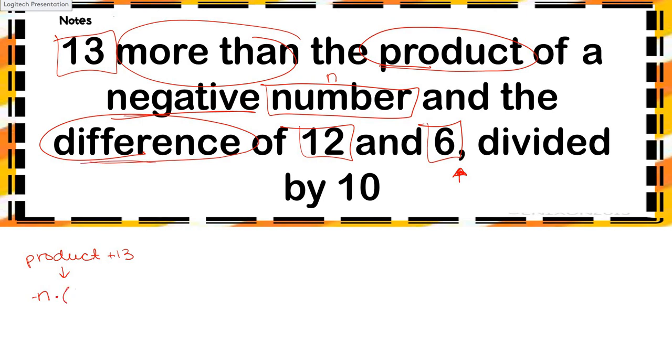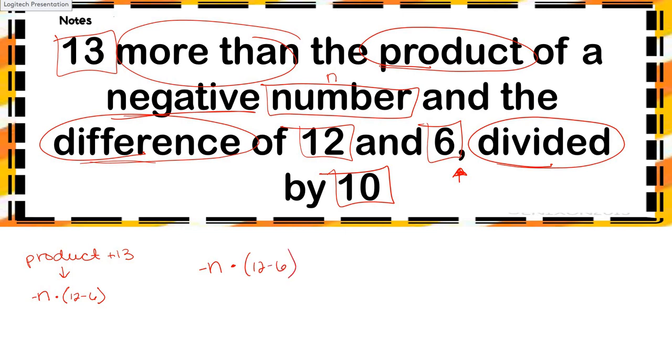So I'm going to have some parentheses in here, and I'm doing 12 minus 6. Alright, so far, that's what I have. Then I want to divide by 10. Okay, so I want negative n times the difference of 12 and 6.